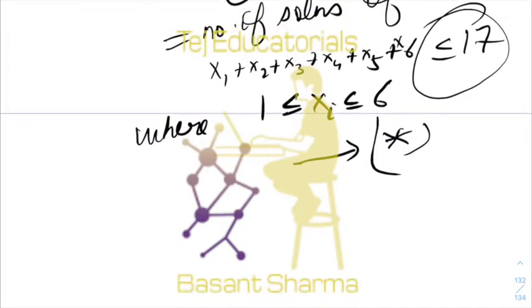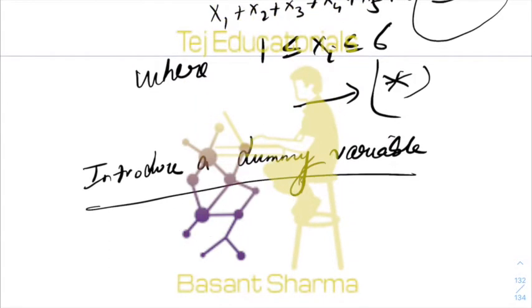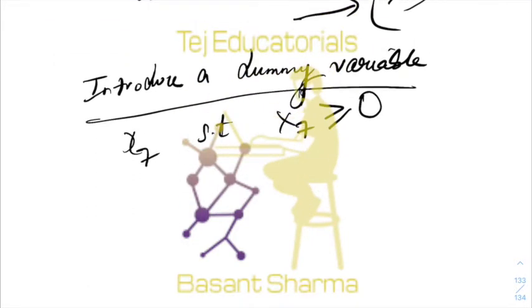Well, the standard way of doing it is we introduce a dummy variable x7, such that x7 can take a value from 0 to some upper limit. It does not matter what the upper limit is. We will see in a moment why.